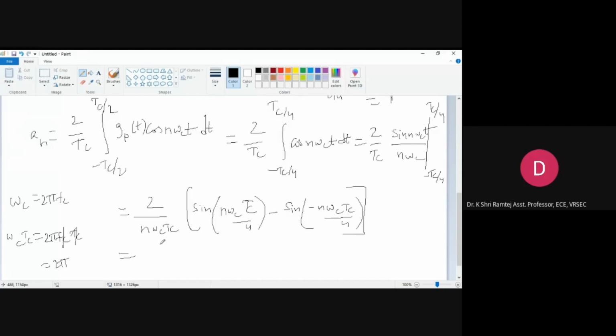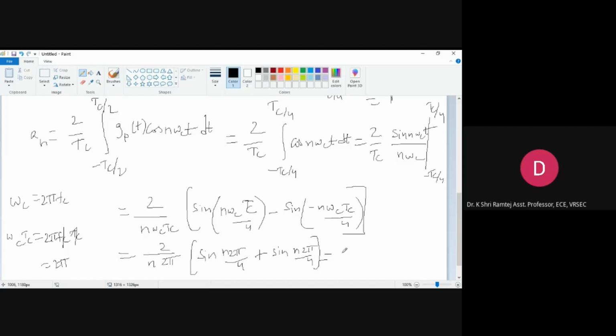So this will be 2 by n into 2 pi times sine, since omega c Tc is 2 pi, it will be sine n 2 pi by 4. Minus sine of minus theta will be minus sine theta, so it will become sine n 2 pi by 4.